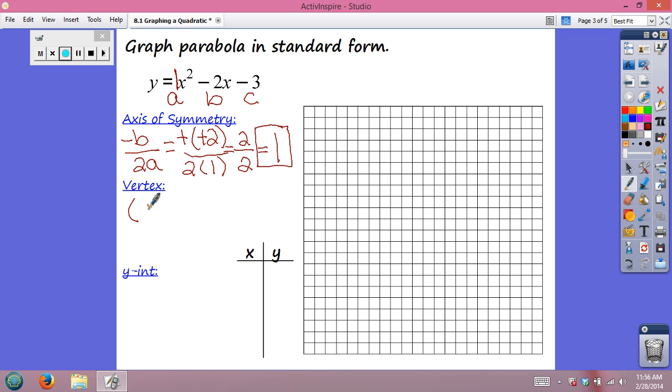Plugging that into our vertex, remember our x value of our vertex is just the axis of symmetry value. So then, to find the y, we plug that x value into our equation.